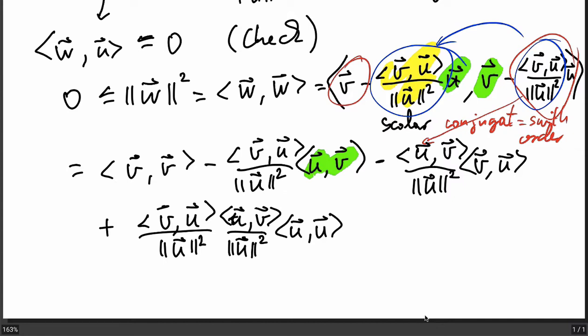All right, so let's try to combine like terms or do some simplification if we can. Here we have the U norm square that cancels one of these U norm squares.